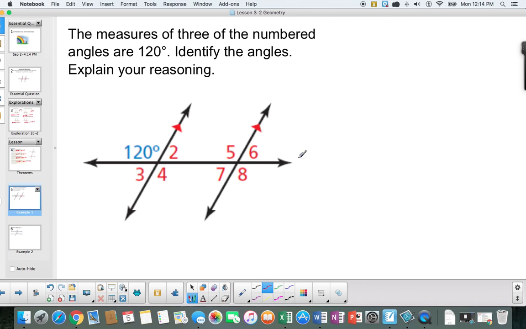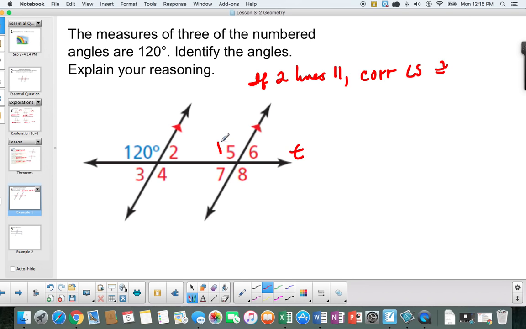All right, so I know this is the transversal, and I know that this is the interior here. And I know that 120 and 5 are what we call corresponding angles. Since these two arrows indicate we have parallel lines, I'm going to write if two lines are parallel, I can see that corresponding angles have to be congruent.